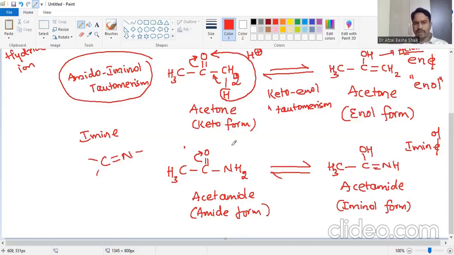Tautomerism. Amido-iminol tautomerism. We call it amido-iminol tautomerism. We also have another type of tautomerism known as lactam-lactim tautomerism. I hope it is clear for you.